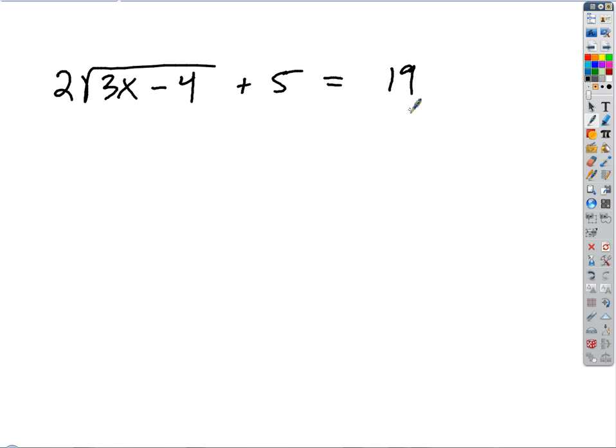Okay, that's about the hardest one I can think of. Oh, sorry, that's not what I want to do. Darn it. It's got to be quadratic, not square root. So let me change that slightly.